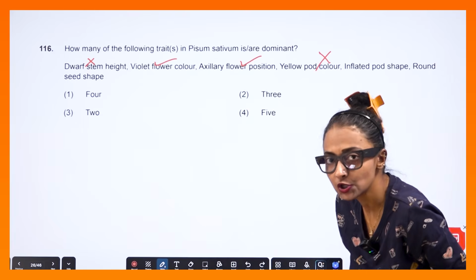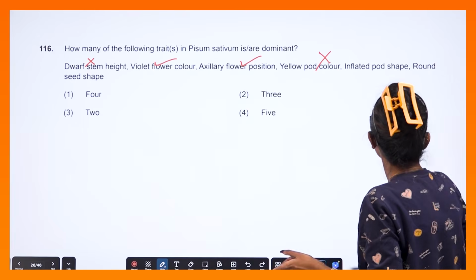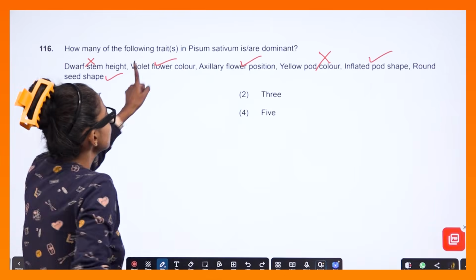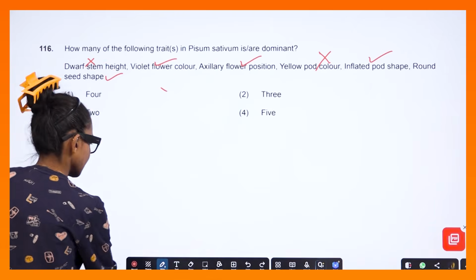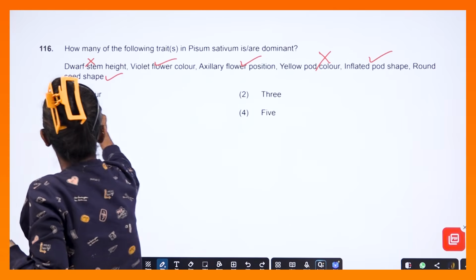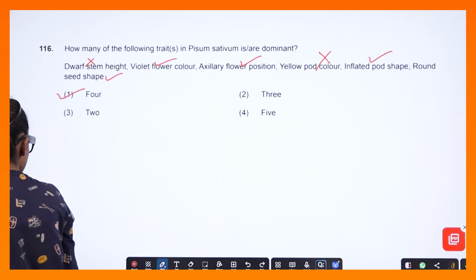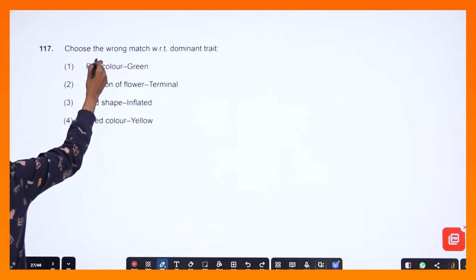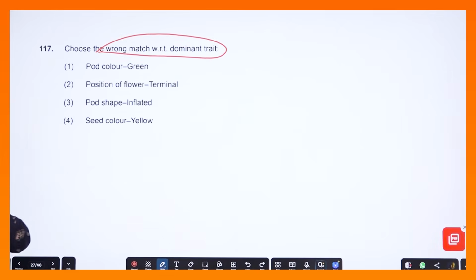Yellow pod color, no, green pod color is dominant. Inflated, correct. Round seed shape, correct. So 1, 2, 3, 4. Option 1. Correct?